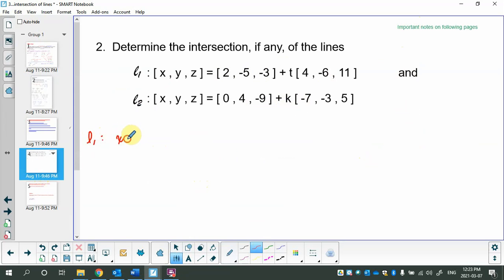So, x minus the 2 divided by the 4 gets t by itself, equals y plus the 5 divided by the negative 6 gets t by itself. Z plus the 3 divided by the 11 gets t by itself. So this fraction is equal to t, this fraction is equal to t, this fraction is equal to t, and that means that you can say they're equal to each other.